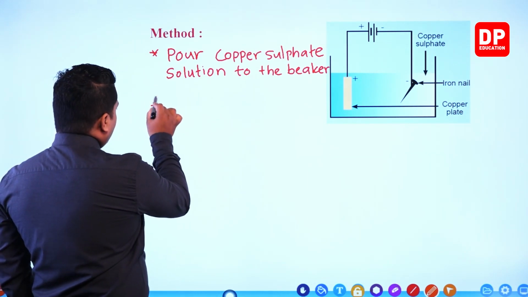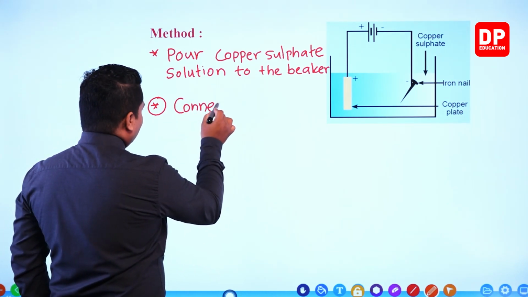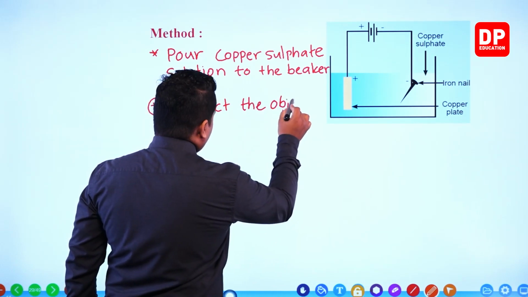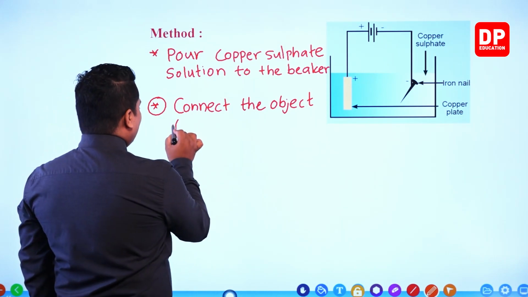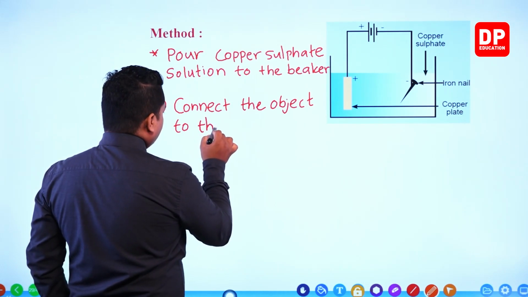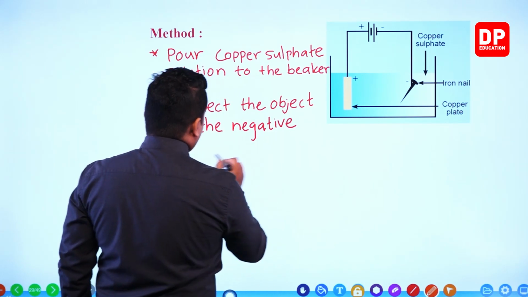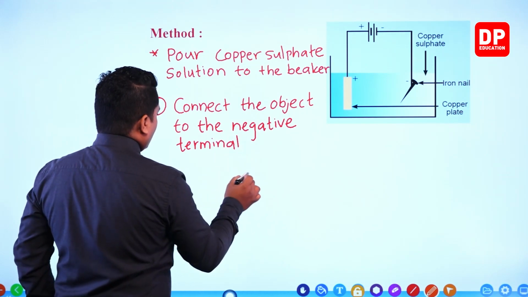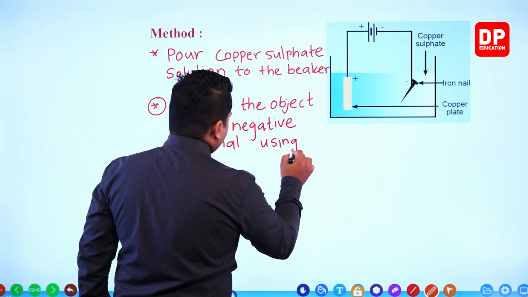Then, this is important: connect the object to the negative terminal using wires.